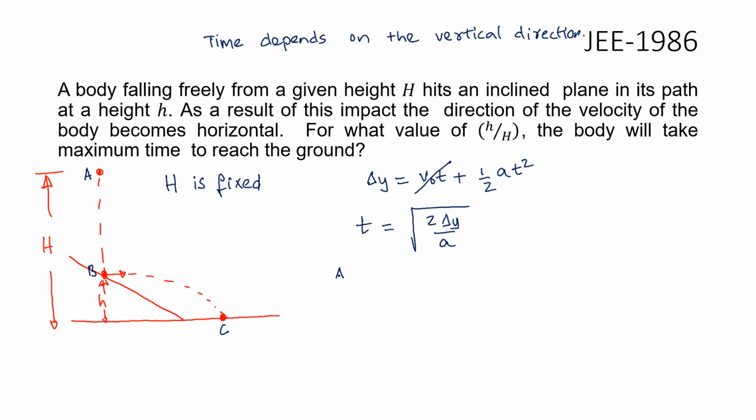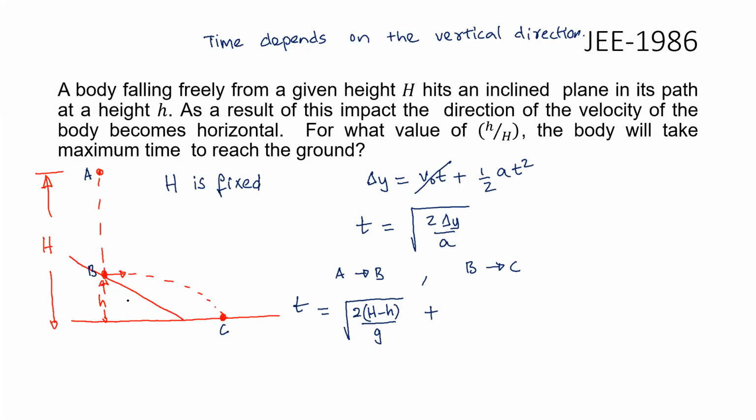So now what is the overall time? Let's say A to B, and then we have B to C. If I consider A to B, the displacement is capital H minus small h. So you have square root of 2 into (H minus h) by g.